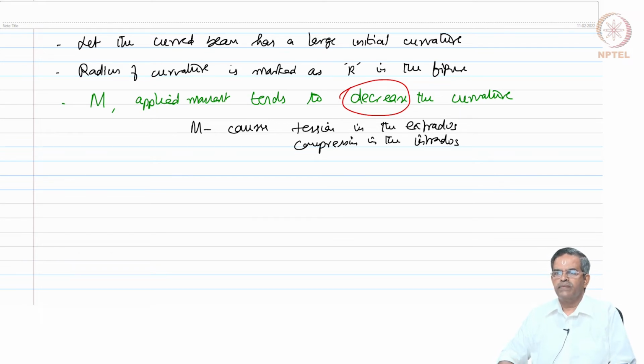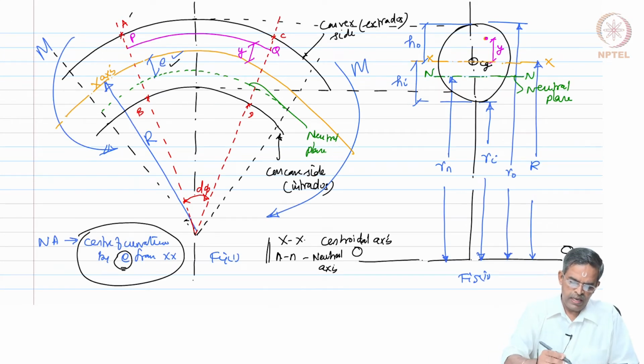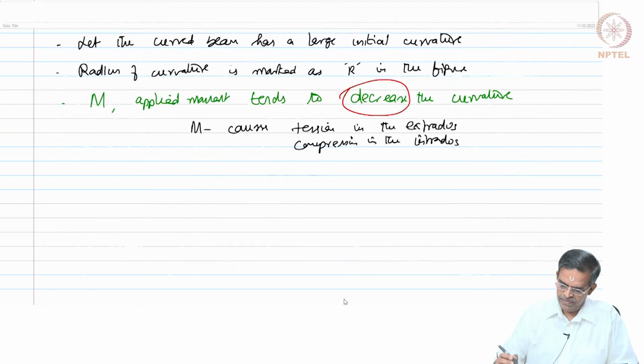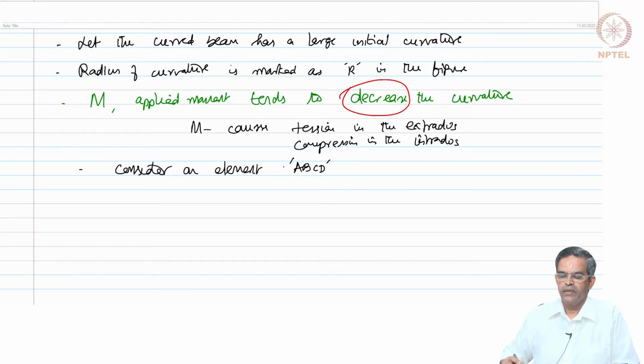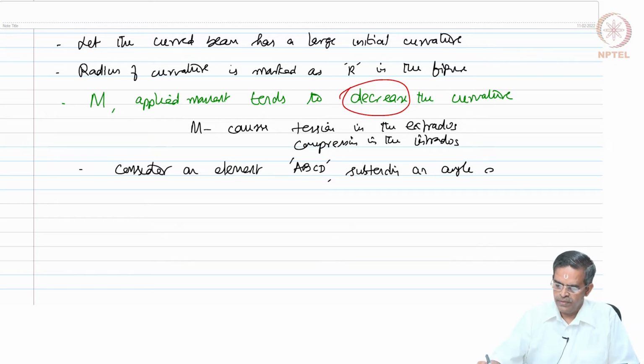Now, let us consider an element ABCD. Okay. We will consider an element ABCD. We are considering an element A, B, C, D. So, let us consider an element A, B, C, D subtending an angle d phi at the center of curvature.